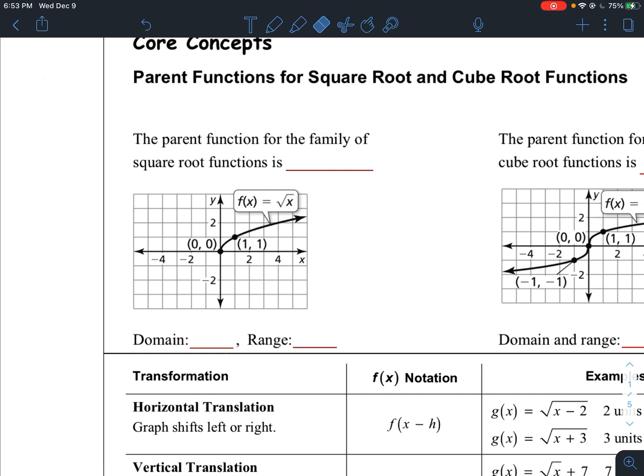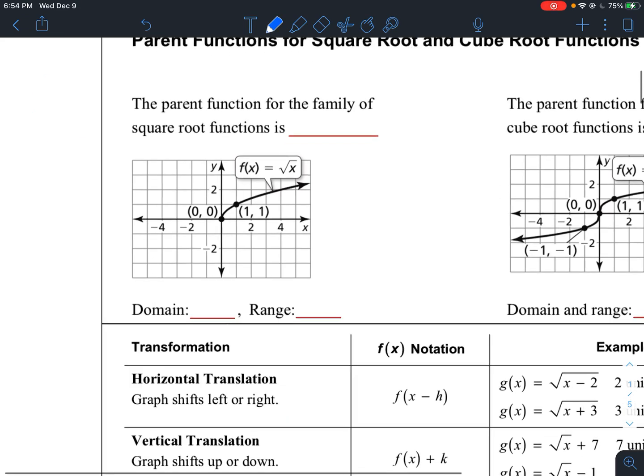That's kind of the same thing with radical functions, because these are inverses, like we talked about over the last couple of days. Radicals are the inverse of exponents, so they behave in a somewhat similar manner.